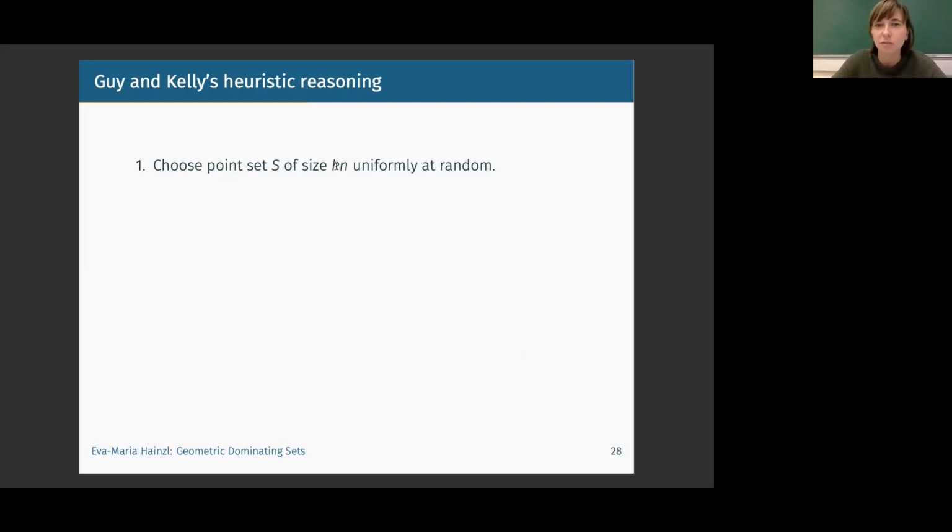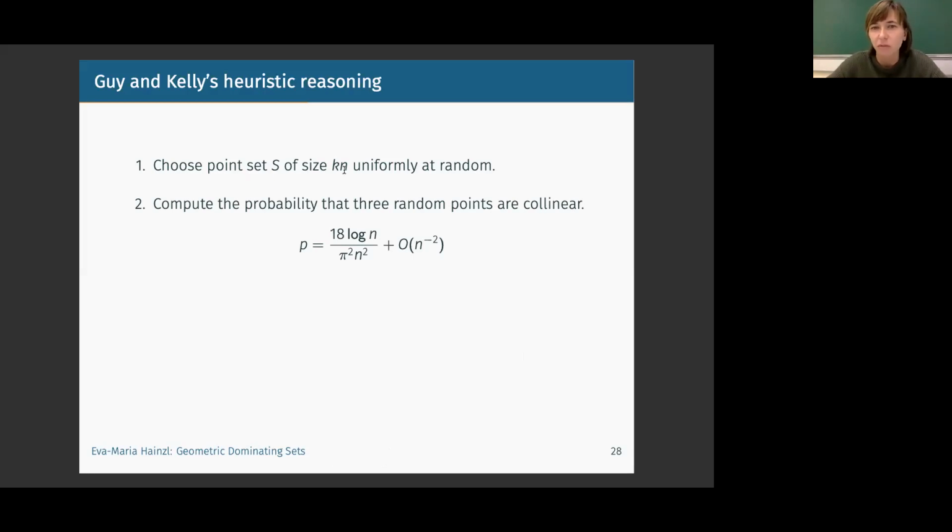But at this point, we do not know what k is. We just choose this point set of size kn. And then we compute the probability that 3 random points are collinear, which is something like a constant times log n over n squared. I won't go into this computation. Let's just take it as that.